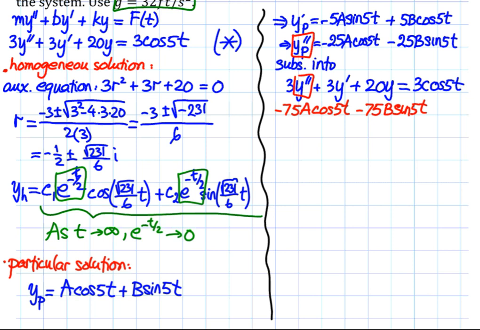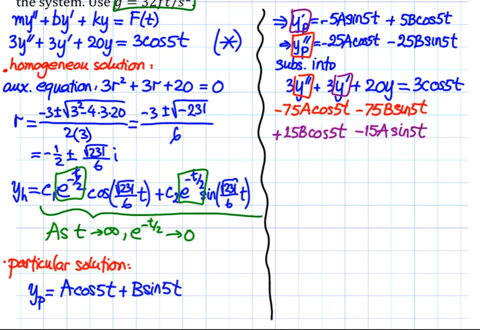Next, we have the derivative, which is this, and we multiply everything by 3. So we have negative 15a sine of 5t, and then 15b cosine of 5t.